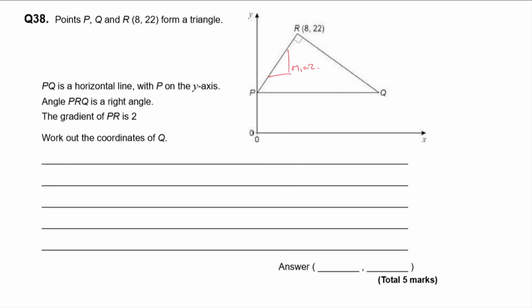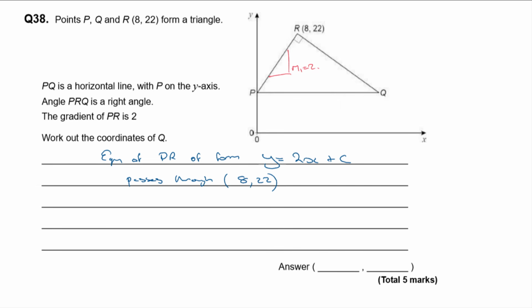So then the equation of the line PR is going to be of the form y is equal to 2x plus c, because we know the gradient is 2. And we know it passes through 8, 22, doesn't it?